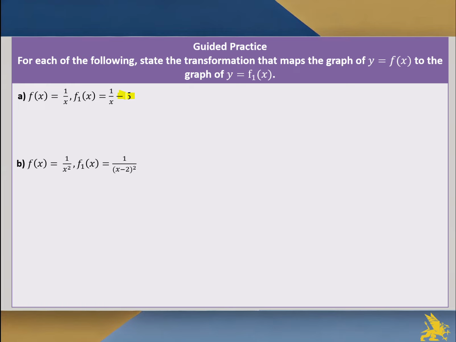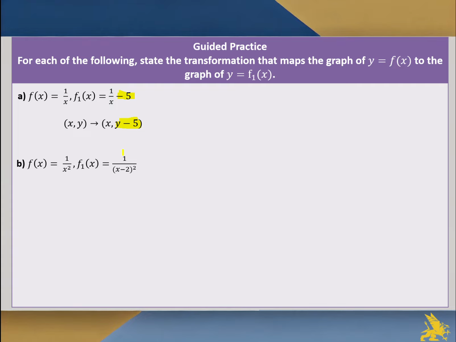So we've got some translation. Now this part on the end, we are talking about our vertical translation. So the vertical translation means it's affecting our y value. So that means all we're doing is we're taking away 5 from that original y value.